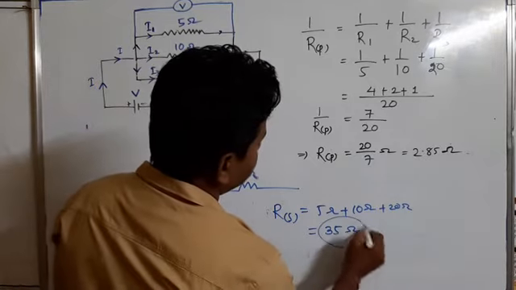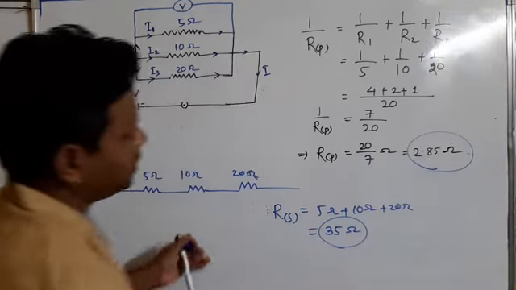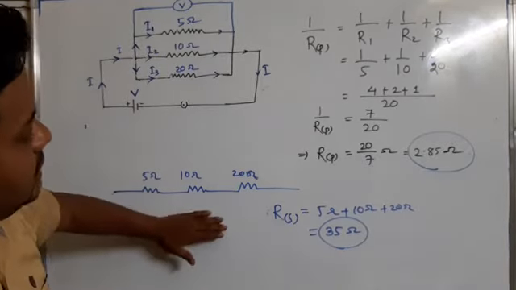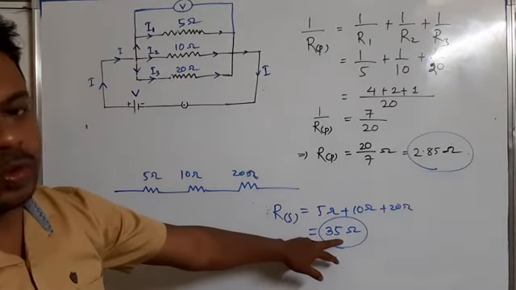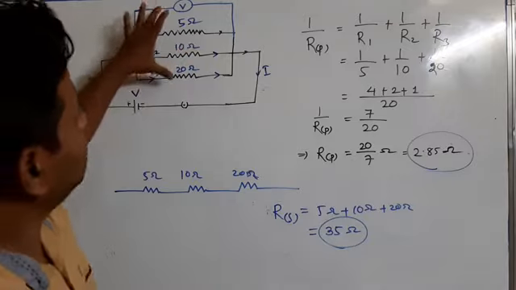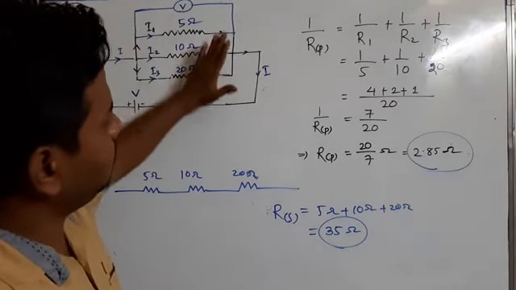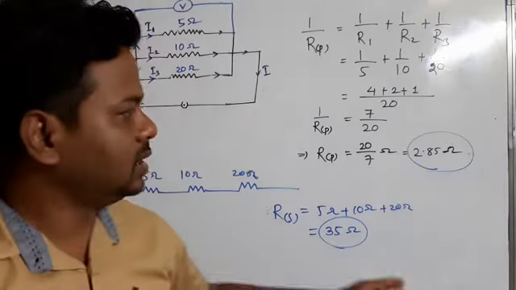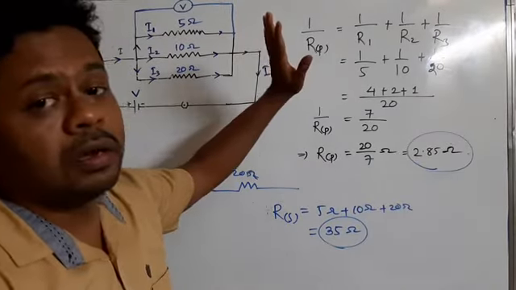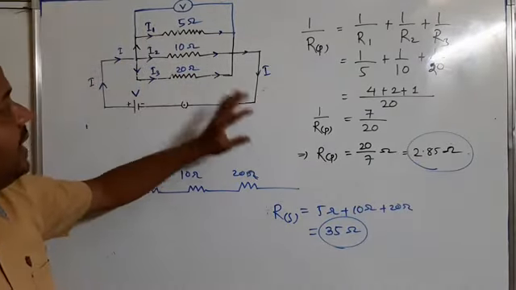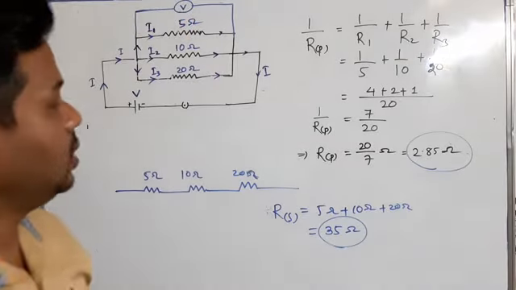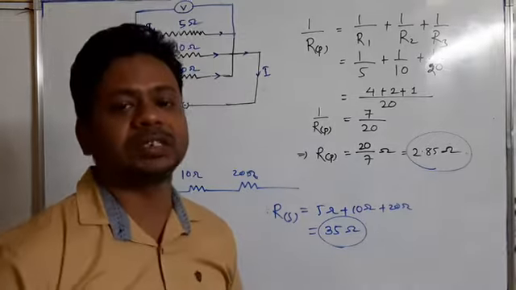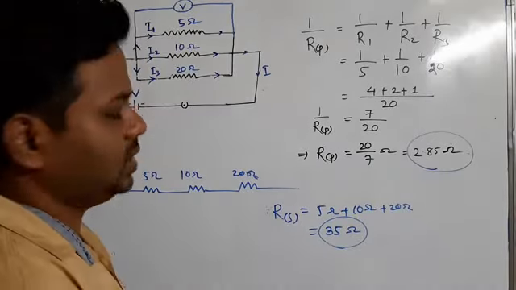So you see the difference between these two. If these three resistances are connected in series, the overall resistance becomes so large, whereas if they are connected in parallel, the overall resistance becomes very small. This is one of the merits or advantages of parallel connection, and that is why parallel connection is mostly preferred over series connection.